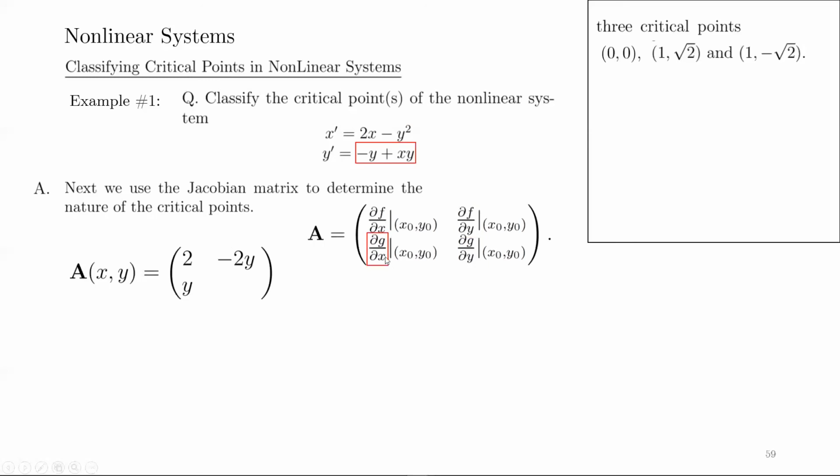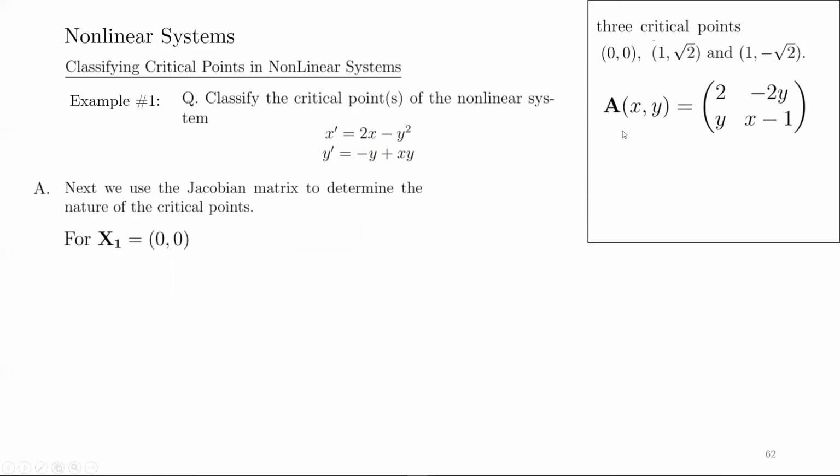If I take the partial derivative of the second equation, g, with respect to x, I just get y. And the last term is x minus 1, or minus 1 plus x. That's the matrix of the partial derivatives, but recall I have to evaluate these partial derivatives at the critical points.